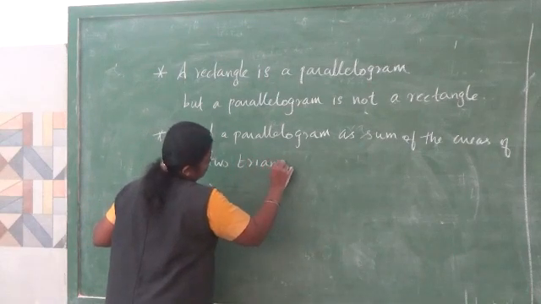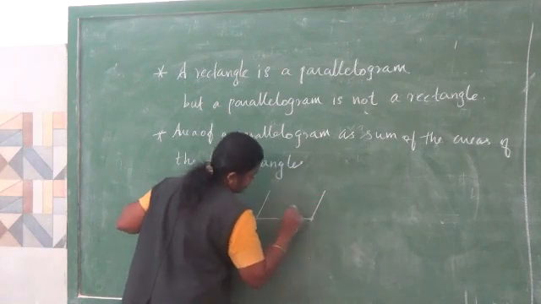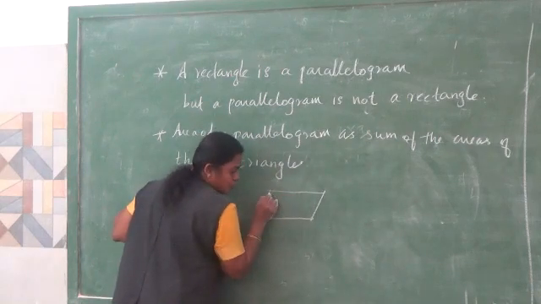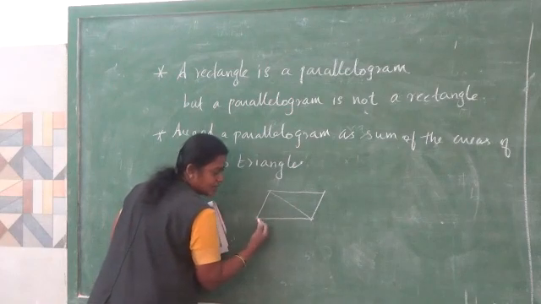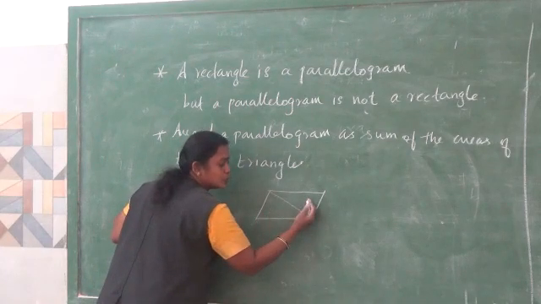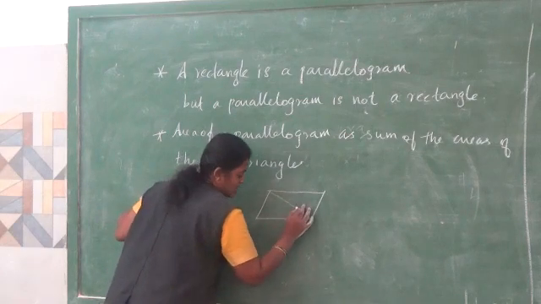How we can look at now? This is a parallelogram now. Now I am going to draw one diagonal. This diagonal divides the parallelogram into two triangles. So we are getting two triangles.